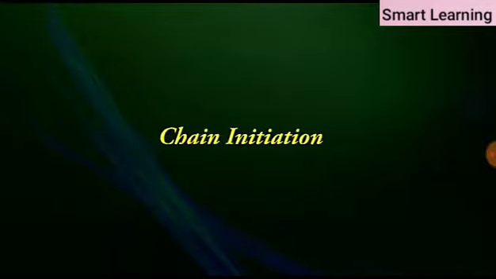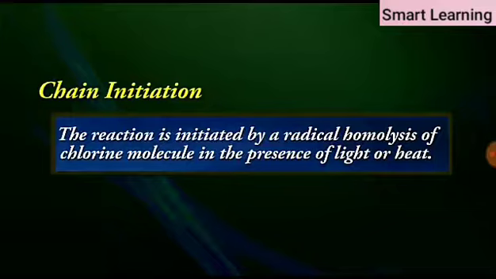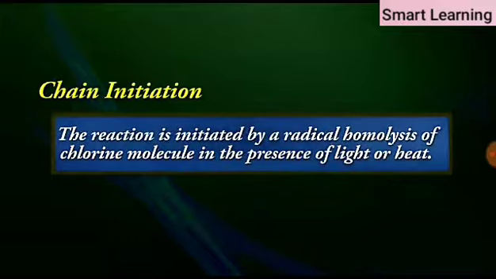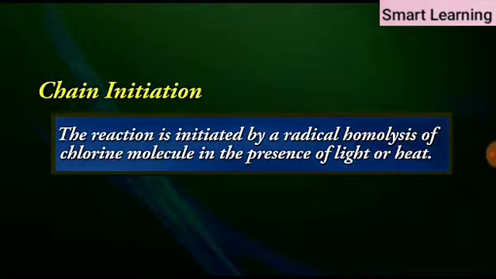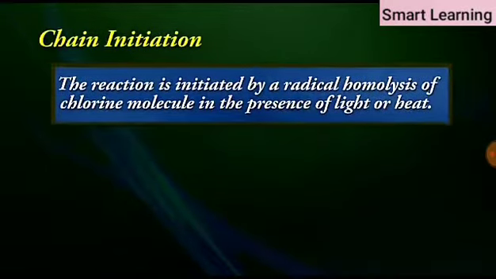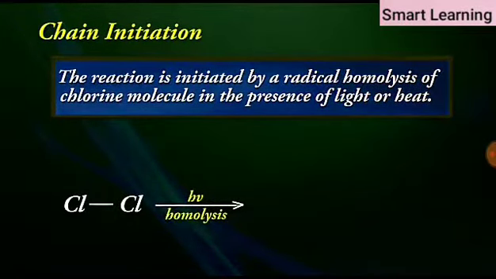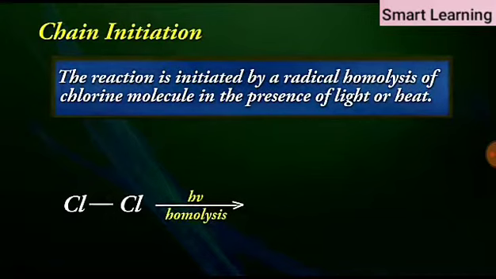Chain initiation. In this step, reaction is initiated by a radical homolysis of chlorine molecule in the presence of light or heat, which results in the formation of chlorine-free radicals. The reaction is shown here.